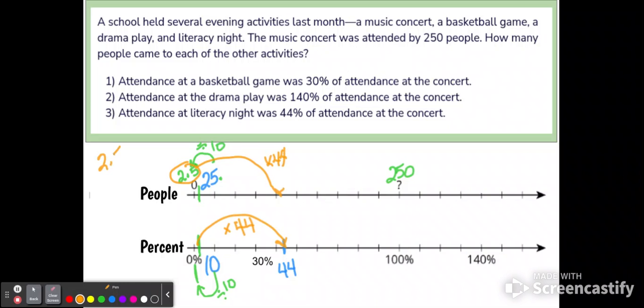Let me do some quick math over here. 2.5 times 44. Pause here and work it out on your own workbook.